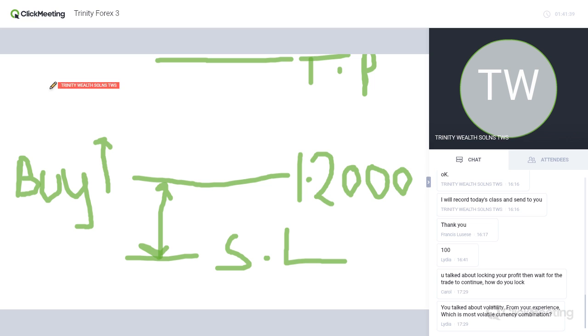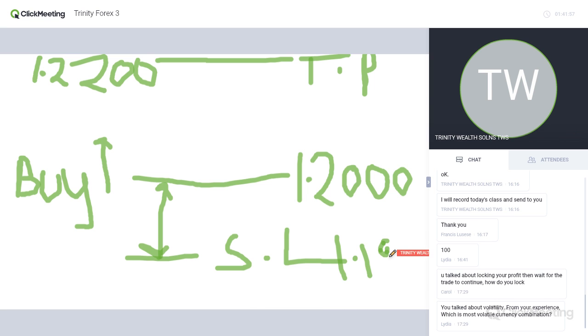And your TP is at price 1.2200, that is 200 pips. Your stop loss is at 1.1980, a loss of 20 pips. That's what you're willing to take.